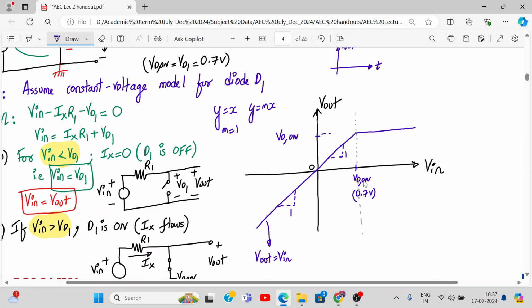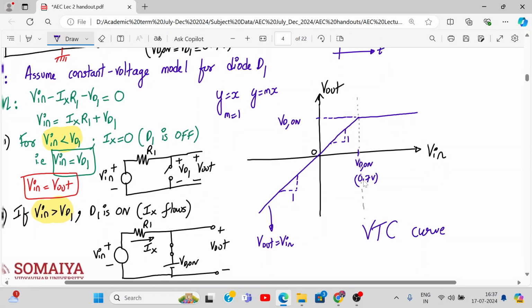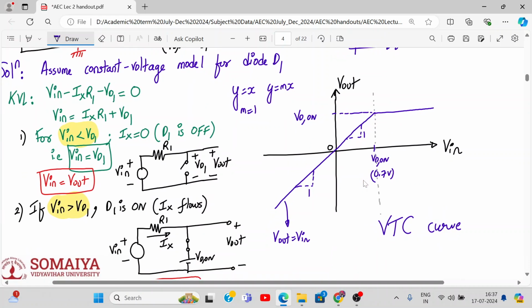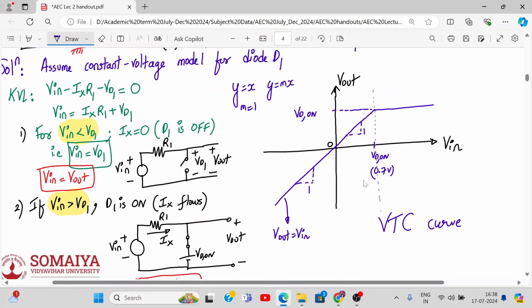Agree now? Like this. So this is my VTC curve. So again I revise. When V in is less than VD on, V out is equal to V in, and when V in is greater than VD on, my output is equal to VD on itself. Okay.